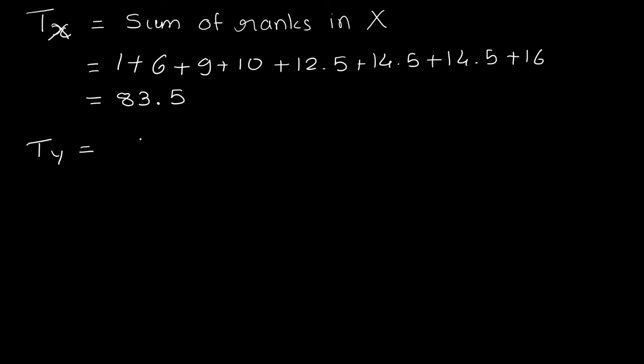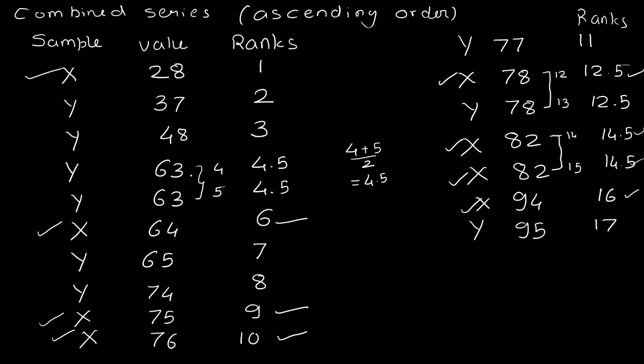Now once I have defined tx, you know what ty will be. It will be the sum of the ranks in y. Now what will be those? The values for y belonging here, so it will be 2, then the value of this 3, 4.5, 4.5, then this value 7 plus 8 plus then 12.5 plus 17.